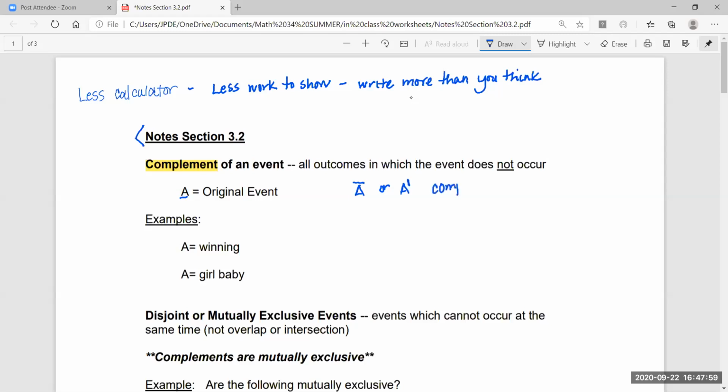And complement is spelled with that E. A compliment that you give someone, like, oh, you look nice today, has an I in there. A mathematical complement has the E in there.